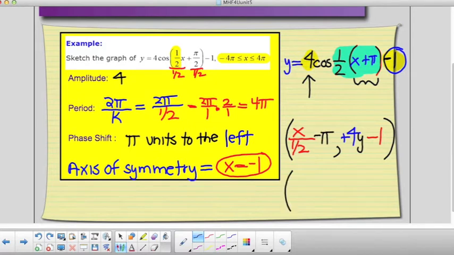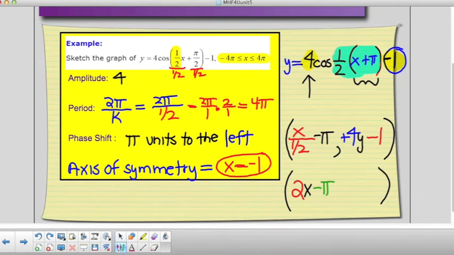But that doesn't look very neat, so I'm going to simplify it even further. X divided by 1/2 is the same as saying 2 times my x value minus pi, and my y coordinates are the same, 4 times my y value, subtract 1.